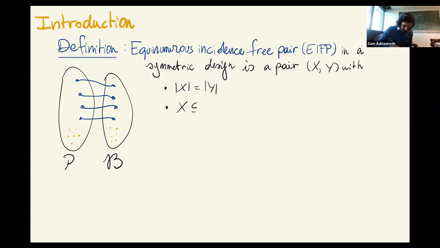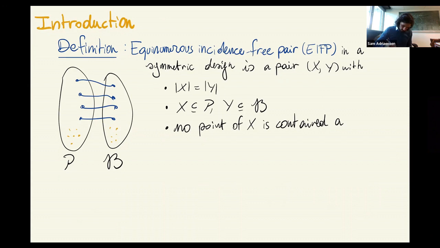X is a subset of the points, Y is a subset of the blocks, and no point of X is incident with or contained in, same thing, a block of Y.